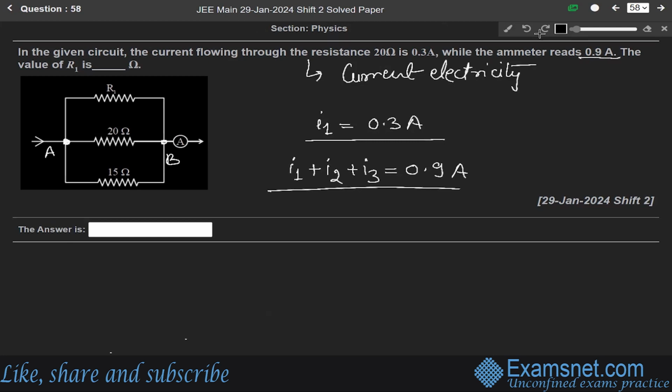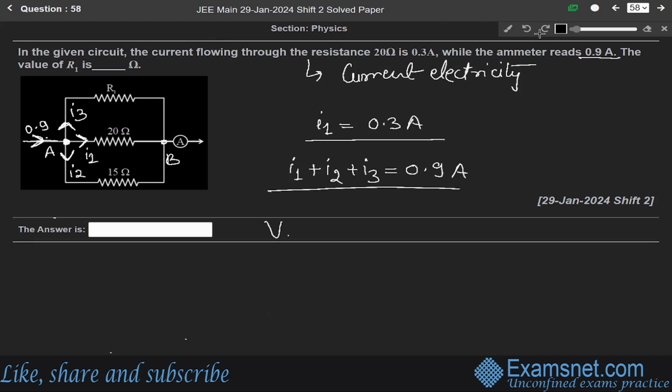So the 0.9 ampere current coming from here will get distributed into three parts. Let us say this is I1 current, this is I3 current, and this is I2 current. So I1 plus I2 plus I3 will be equal to 0.9 ampere.